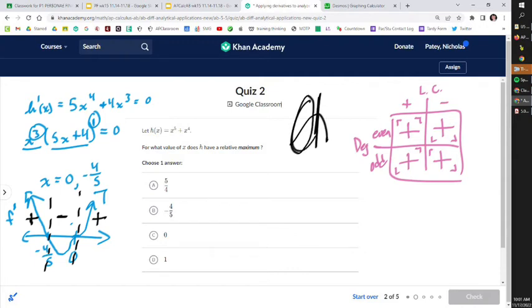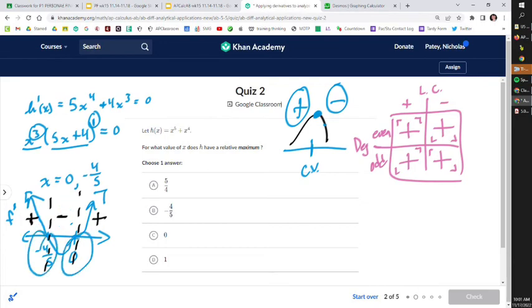Are the slopes positive or negative before it? Higher, so it's positive, right? What's the slope after it? Negative. So if we have a positive and negative at a critical value, then you know you have a maximum. Do we have a positive negative combination over here? Yeah, right here. So which one of these critical values gives me a relative maximum? Yes, this guy.